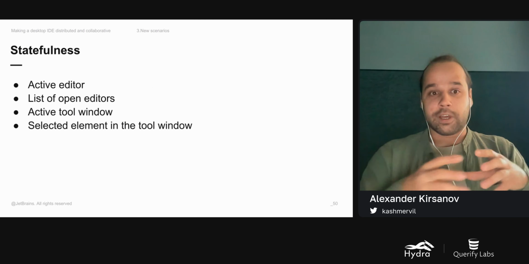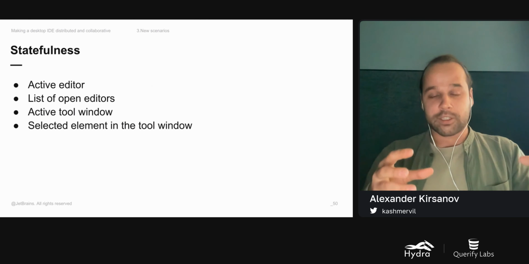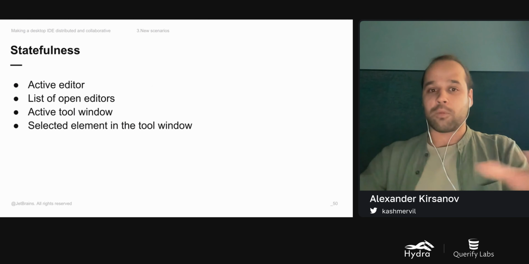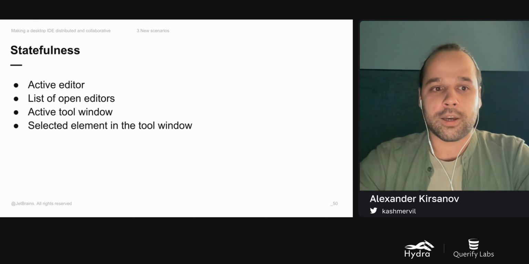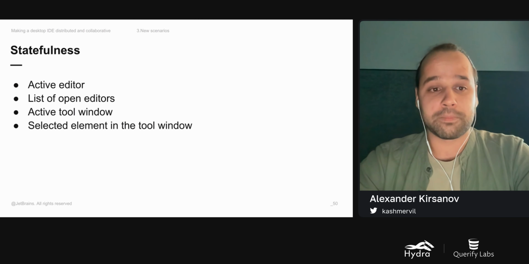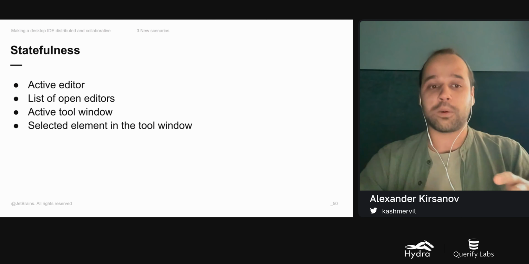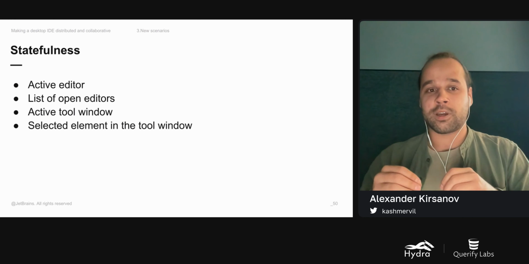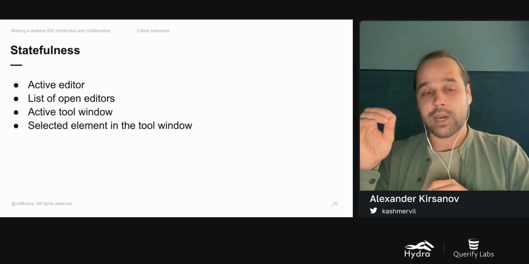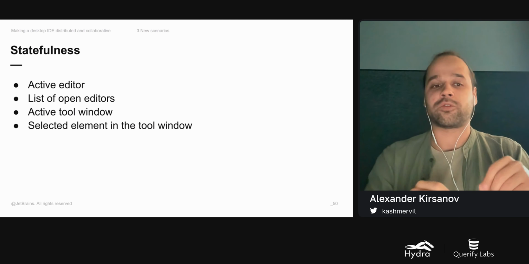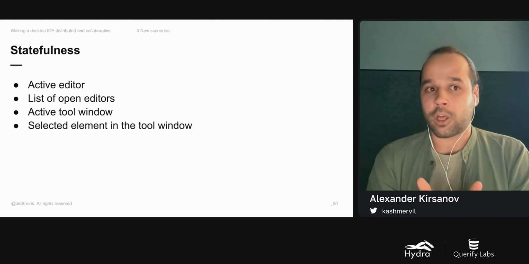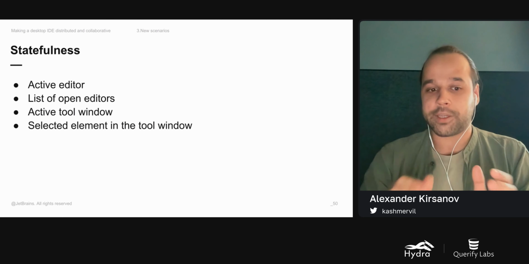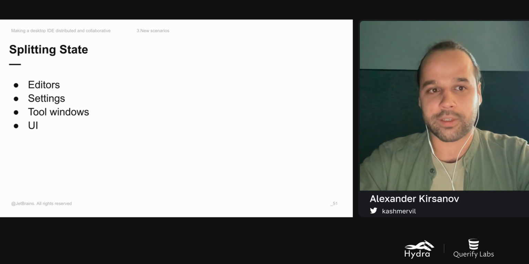And the code analyzer will get the list not only from you, but also from all of the users working within the Code With Me session. The same thing applies to the tool windows and to the state within the tool windows, such as: we wanted to track the caret position within the editor, we want to track the selected element within the tool window. So it's not a lot of things, but some state that we need to split.